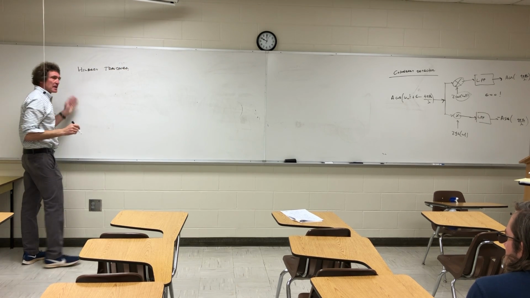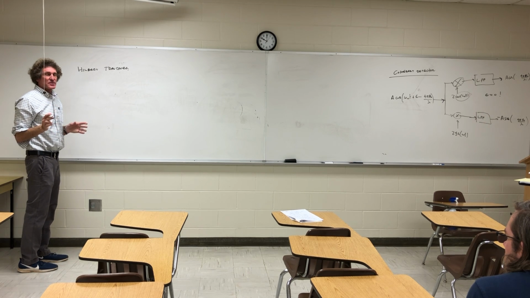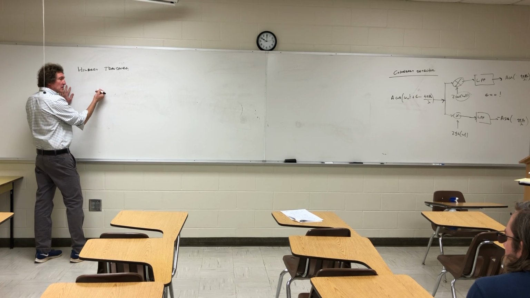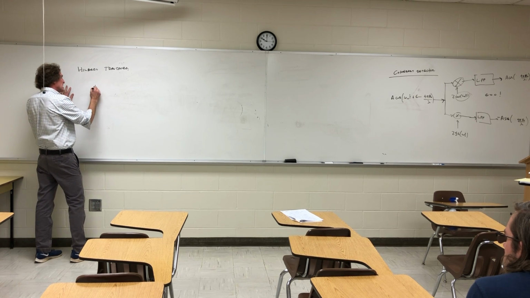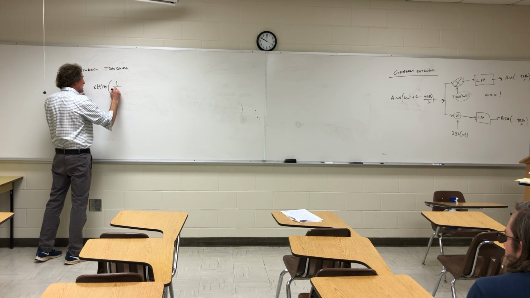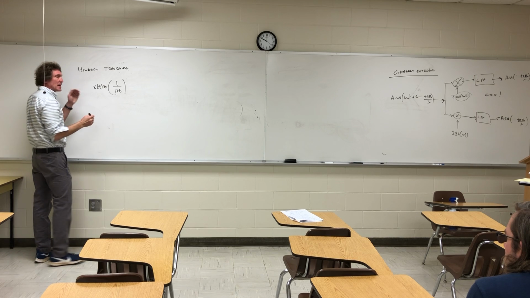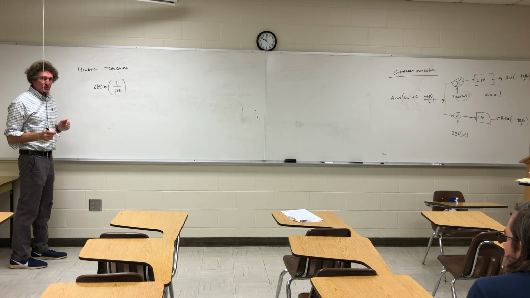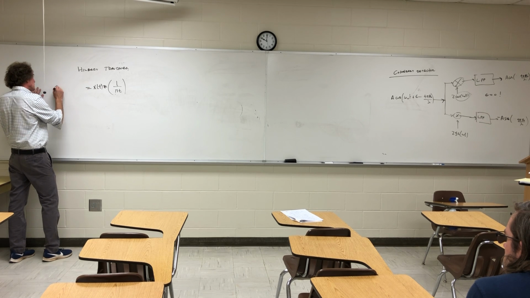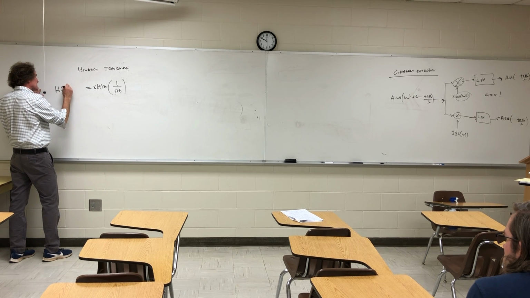I don't know what Wikipedia has. There may be the digital form of it or the discrete form of it. This is a continuous one. Anytime you want the Hilbert transform of the signal x of t, you simply convolve it with the function 1 over pi t. That will give you a 90-degree phase shift. You follow me? So this is actually the Hilbert transform of x of t.